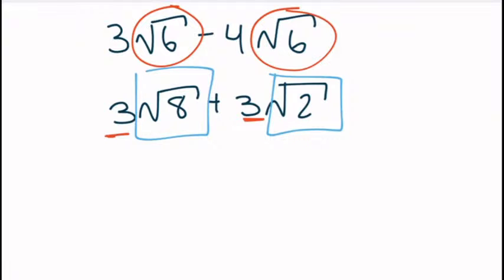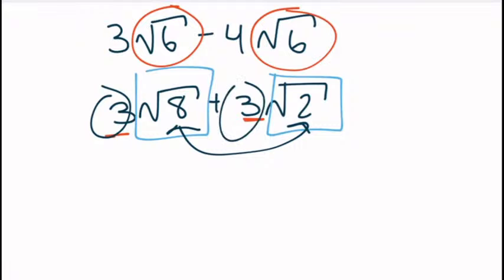You can only add and subtract when the inside radical is the same. So later we'll be learning how to make these the same so that we can actually add them. But if the unit rule doesn't apply and you can't just ignore it and add the 3's together, you have to make the radicals equal, and you can only work with numbers that have the same radicals.